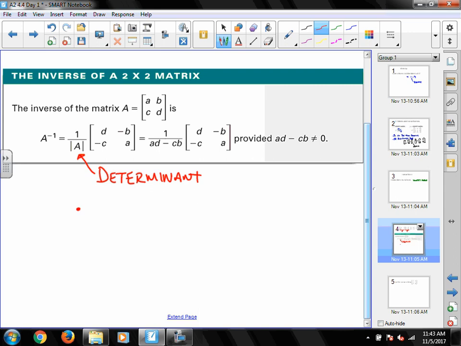So be aware that that's something that I can do to see if you really understand what you're doing. Then all you do is you're going to switch your numbers on your main diagonal. Your A and D have flipped places. And then the only difference between B and C in these two matrices is they've just changed their signs.